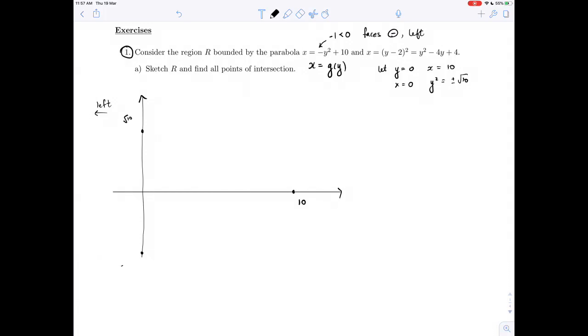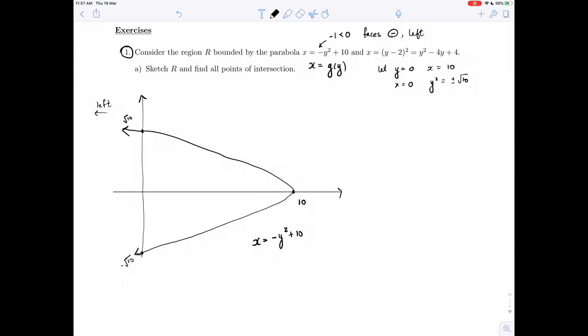So root 10 and minus root 10, and that parabola, knowing that it faces left, well, we've got enough information to give a decent sketch of that parabola. So there is our parabola. X is equal to minus y squared plus 10.